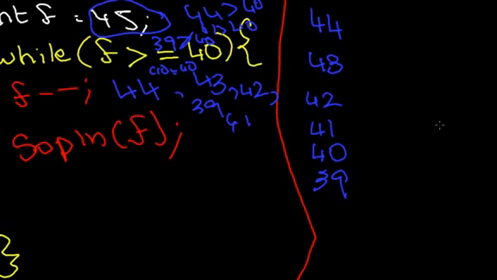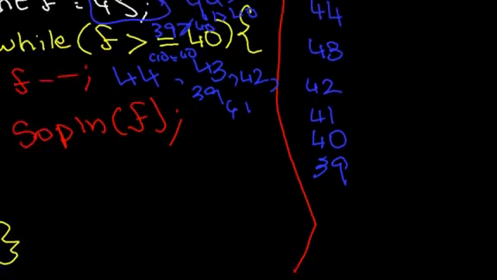You could write the same thing in a do while loop. Let me go over that as well. In a do while loop, it would be do, where f is equal to 45 already.